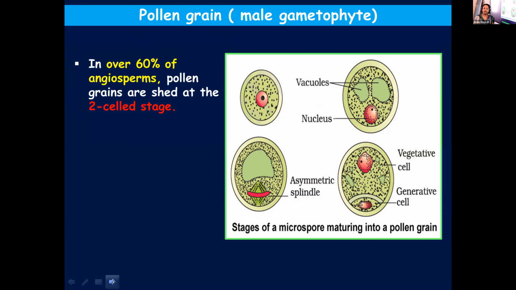Two-celled stage means they have a vegetative cell and a generative cell. When only these two cells are present, you call it the two-celled stage.